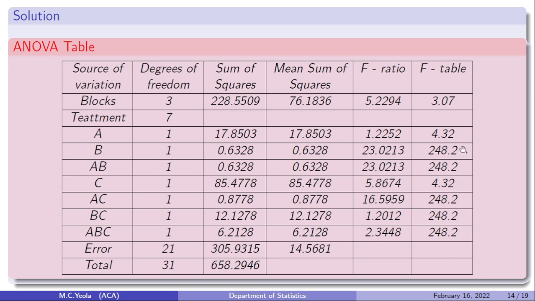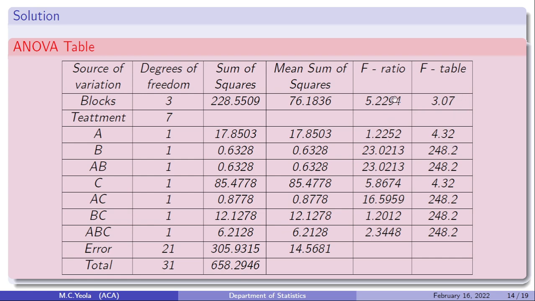I have written these values here. 4.32 is for F 1 comma 21. Only two values are like this here, and the other values are 1 upon F. So this value is F for 3 and 21.